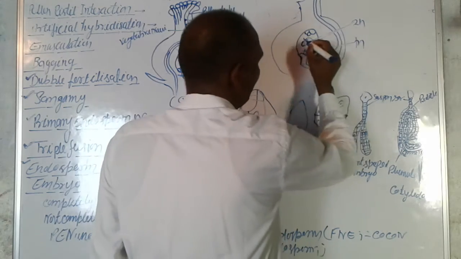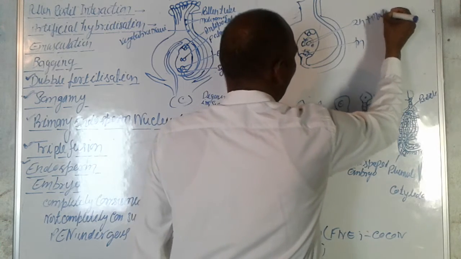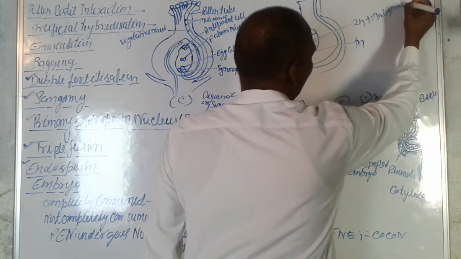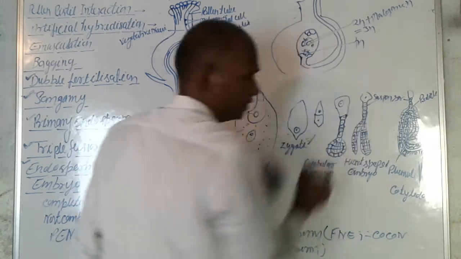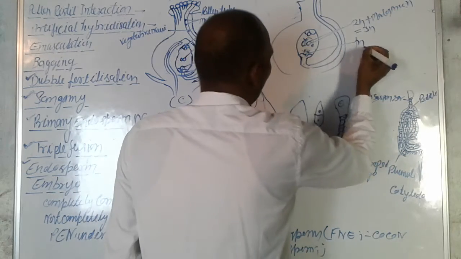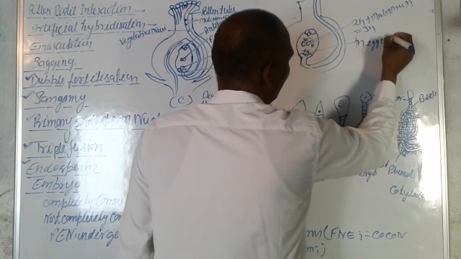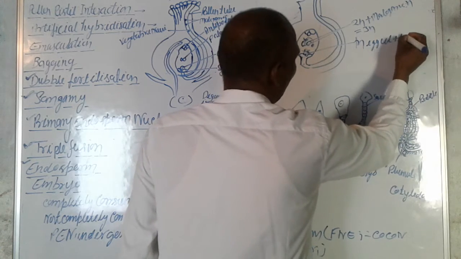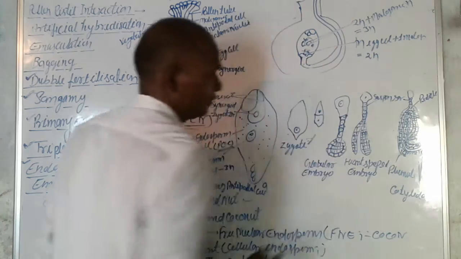The polar nuclei 2n plus male gamete n makes 3n. The egg cell n plus one male gamete n makes 2n.